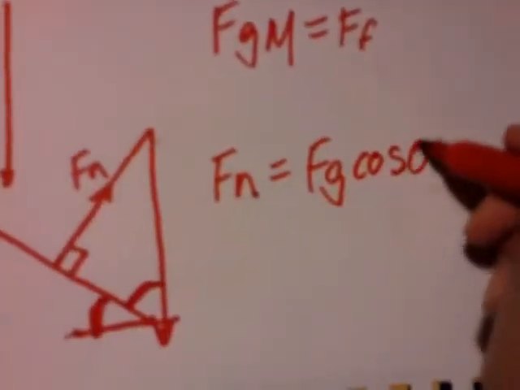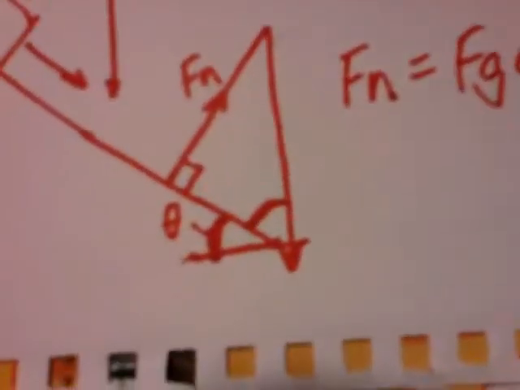Because this is 90 and this is sine, we can just say this is cosine, because that's a trig property. So then we can say the normal force is the force of gravity times cosine theta, where this incline is theta.